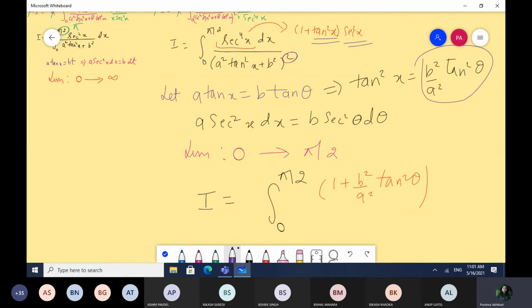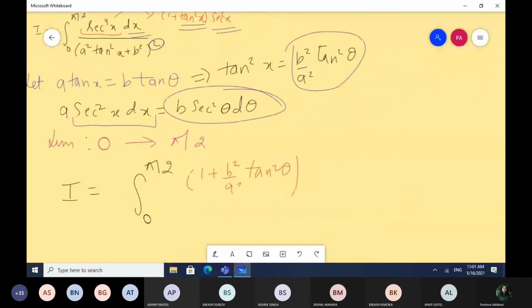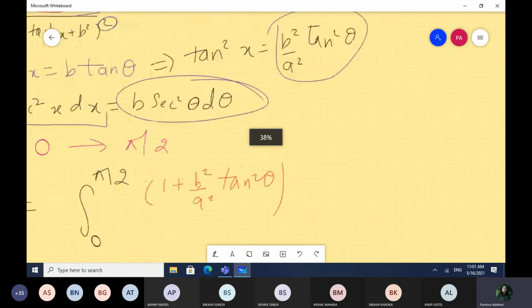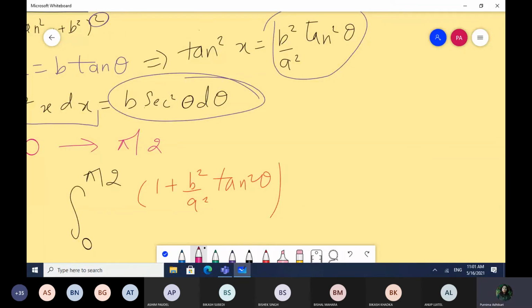You have sec square x dx. So what is sec square x dx? b upon a sec square theta d theta. Okay, so multiply this expression by b upon a, sec square theta d theta.